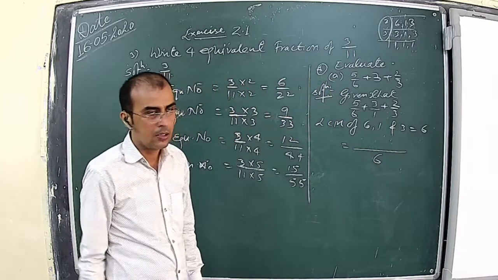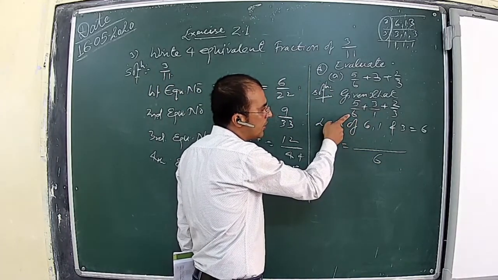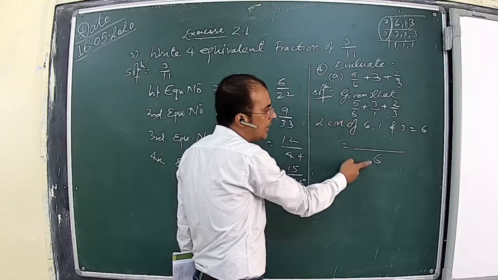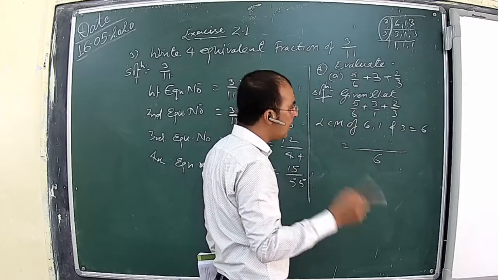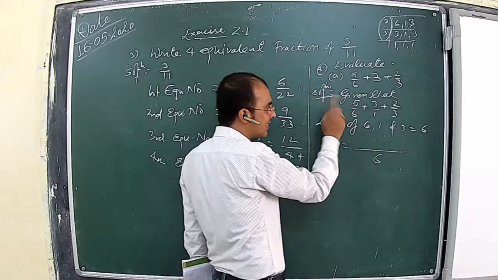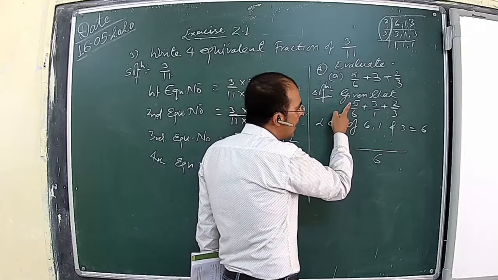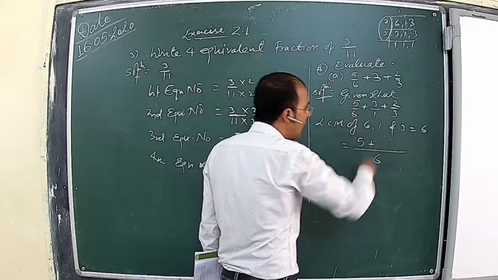Is it clear? Now you will divide the LCM by each denominator and multiply by the numerator of the same fraction. So 6 divided by 6 is 1 time, and 1 times 5 is 5, plus.